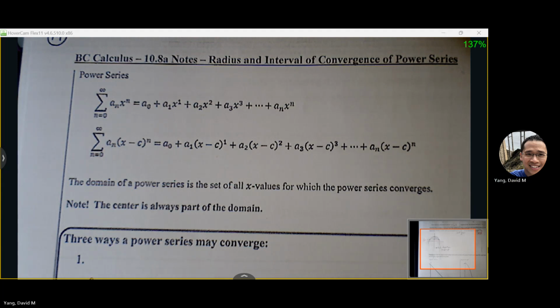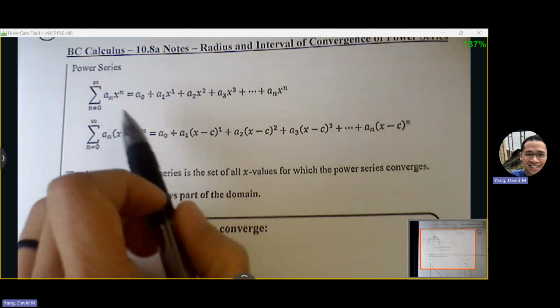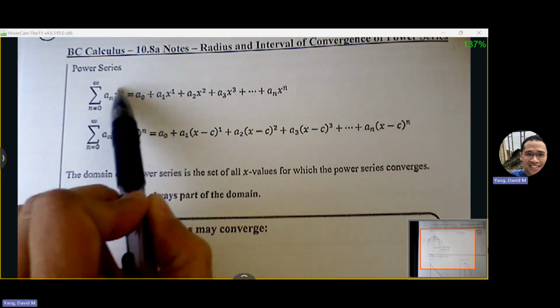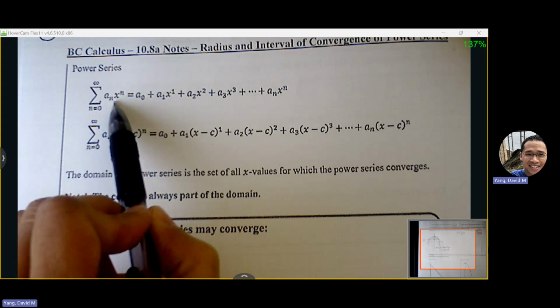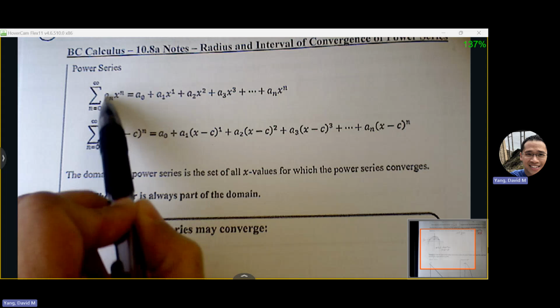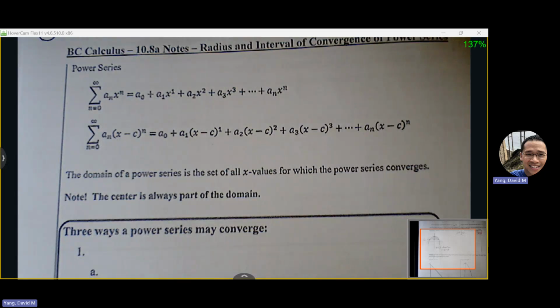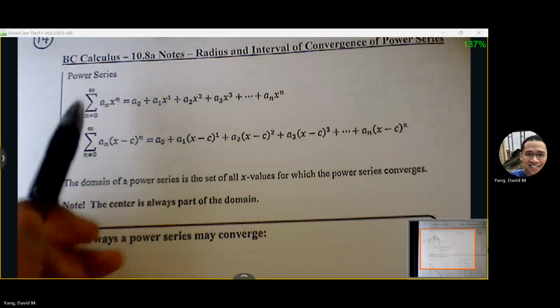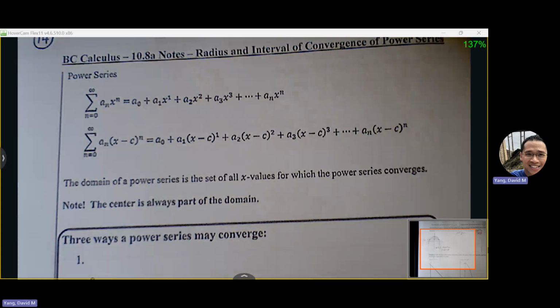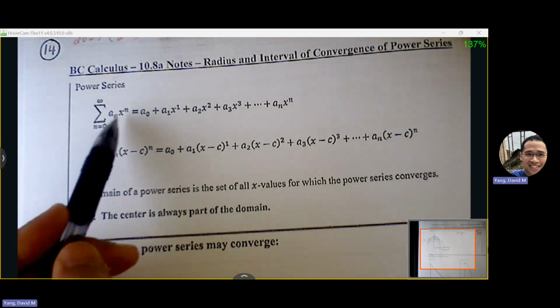Okay, so page 14. We call this a power series because this is a series that has a power of a variable, kind of like where we're treating the x as the common ratio of a series, and we're just continuing to multiply by a factor of that common ratio, but now the ratio is going to be a variable.